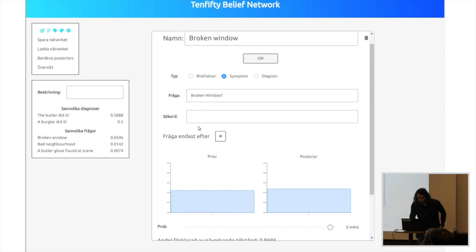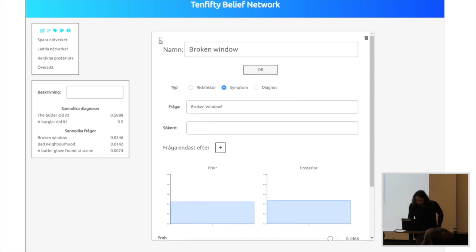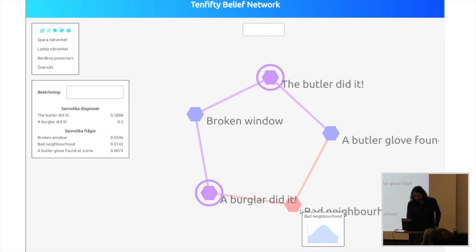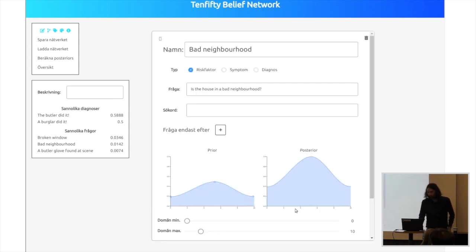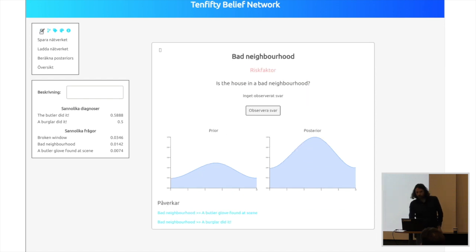So here we say that the broken window has this prior. I'm going to show you one last prior. So this is the bad neighborhood prior. And this is a continuous node. Here I say that given a scale from 1 to 10, you're not going to see that, but it says 1 to 10 here, what's the shape of the prior?